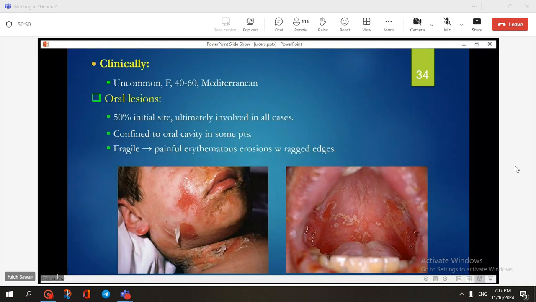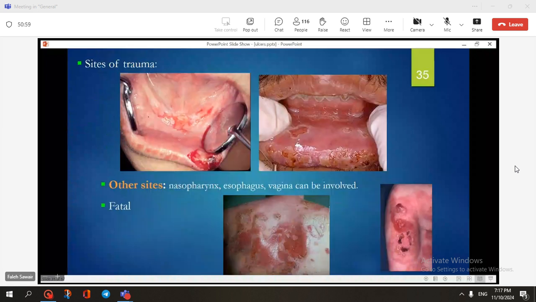The vesicles will rupture, causing significant damage, and it can affect other sites like the nasopharynx, esophagus, vagina, and other areas. It can be fatal because it will cause infections and loss of fluid and proteins, and the patient will be susceptible to infections of the skin and other affected areas, before the use of systemic steroids.